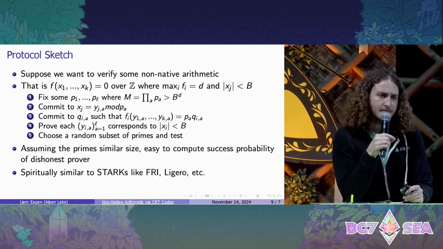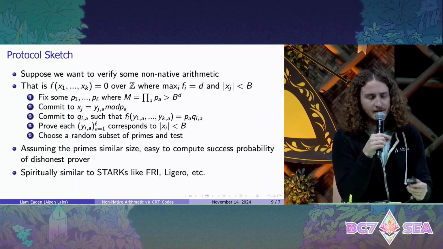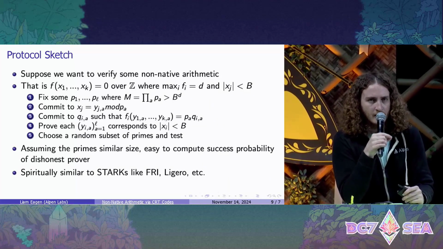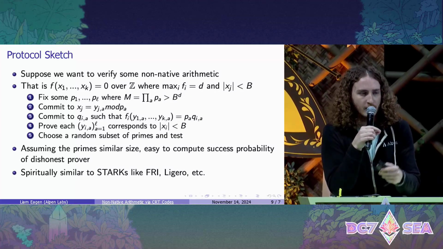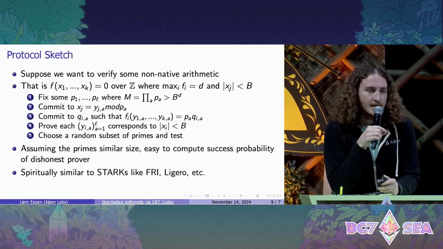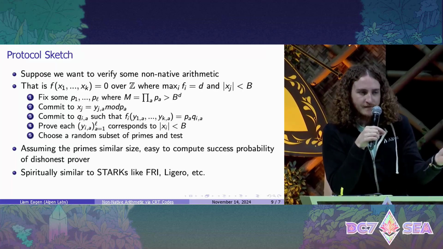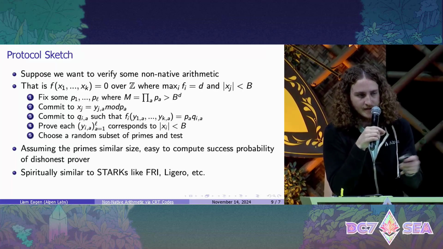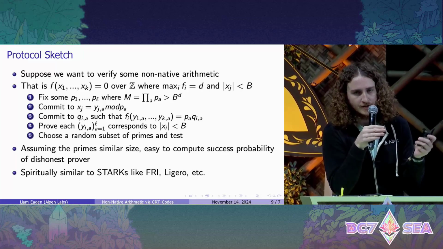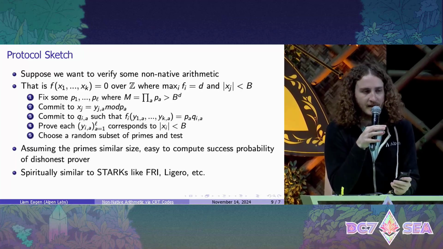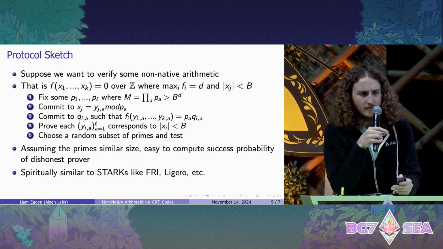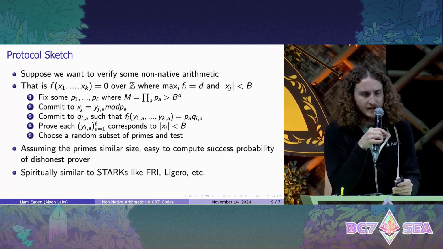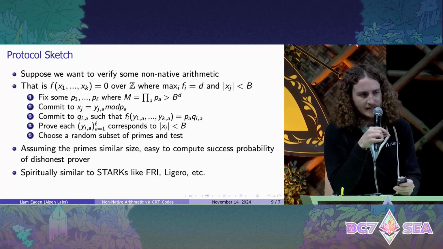In the original version of this, we'd be checking arithmetic mod some other prime, and you can encode that as an integer relation. The primes are fixed in advance, and you have some m, which is larger than the maximum value achievable by f. As written, it's a little wrong because you'd probably want to account for the additions, but it's something like that.